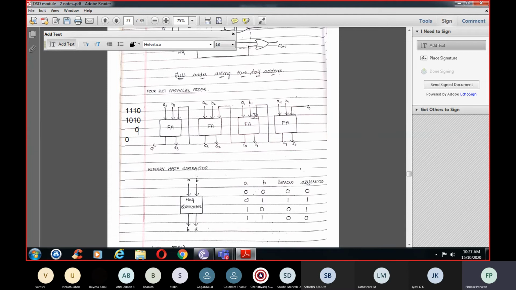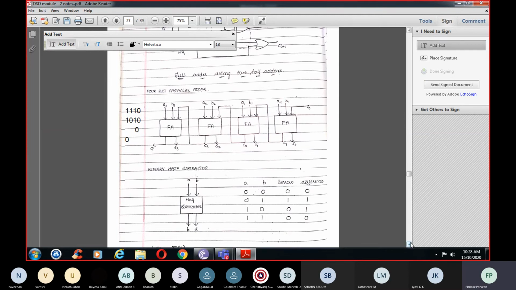This C1 again should be given to this stage. So next A1, B1, again some carry will be generated, and that will be given to this full adder. Again whatever carry is generated will be given to this adder. Here also carry will be generated. So in total we have S0, S1, S2 and S3.